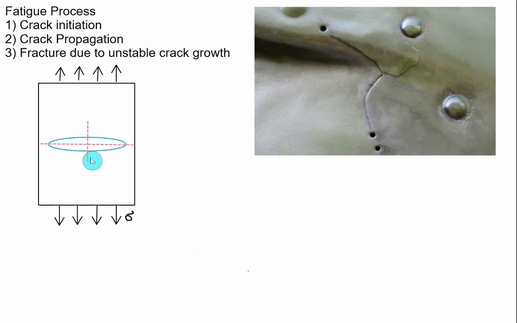The major axis dimension which is perpendicular to the load will be taken as A, and the other dimension which is parallel to the load will be taken as B, that is the minor axis.